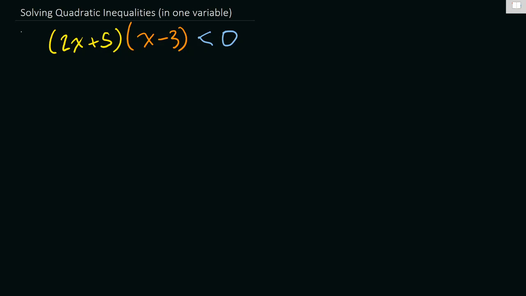So the zeros are x equals, the positive 5 becomes negative 5, and the 2 in front we're dividing by, so negative 5 over 2, and then the negative 3 becomes a positive 3. Those are the two zeros for our quadratic.